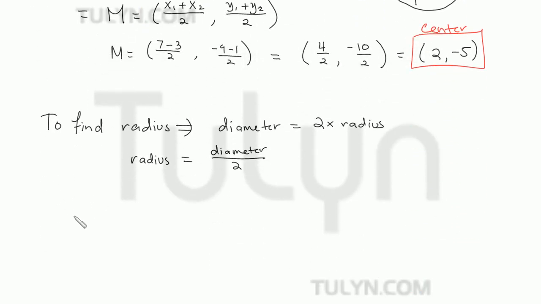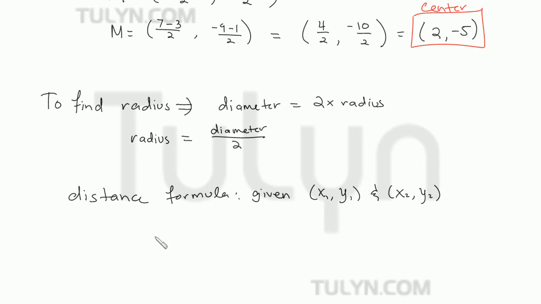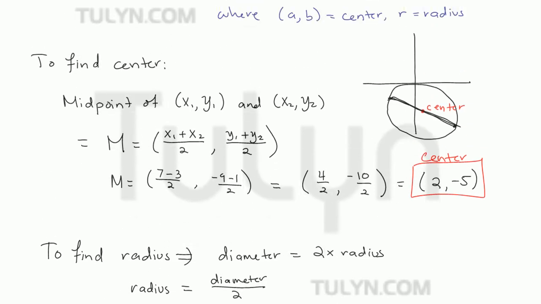So the distance formula says that given 2 points, again (x1, y1) and (x2, y2), the distance between them is going to be the square root of (x2 - x1)^2 + (y2 - y1)^2, right? So what was our x1 and y1?